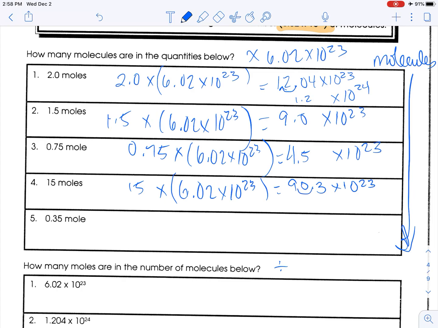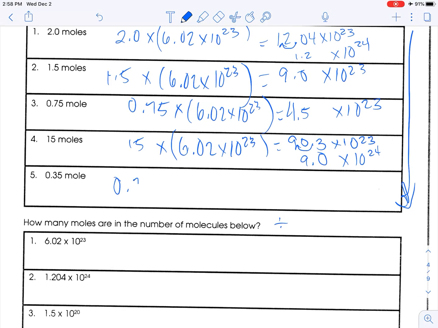So if we move our decimal place to the left, I get a number that is bigger than 1, less than 10. That's what I want. So when I move my decimal place to the left, I divide by 10, which means I need to multiply by 10. And then technically I would have to get rid of this 3 because that's not the correct number of sig figs. However, if your teacher doesn't care about sig figs, you're good.